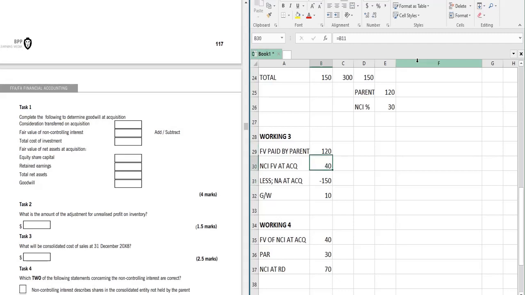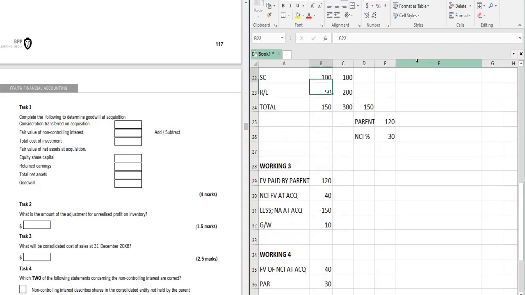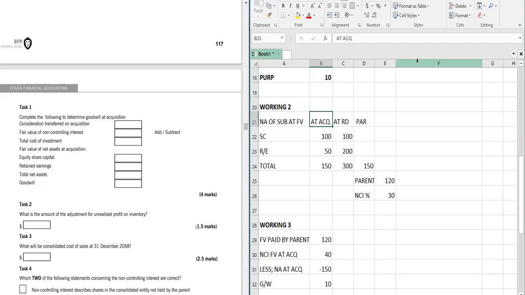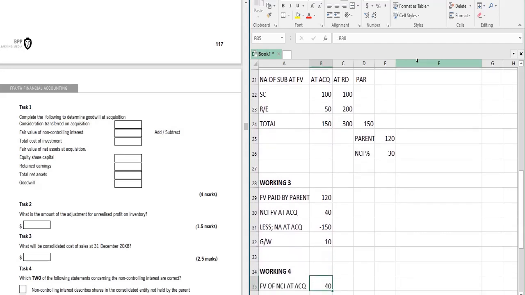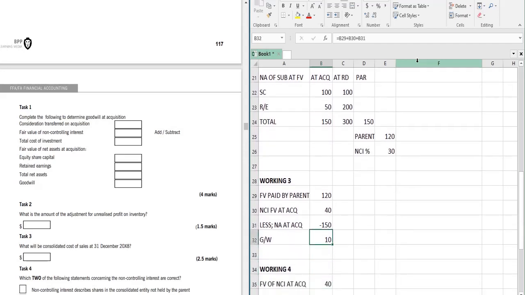We will just add up these amounts. It will be 160. Then fair value of net assets at acquisition, we have already calculated in working 2. So share capital is 100, and retained earning is 50. So total net asset is 150. So goodwill will be 10. Okay, so tax one is done.